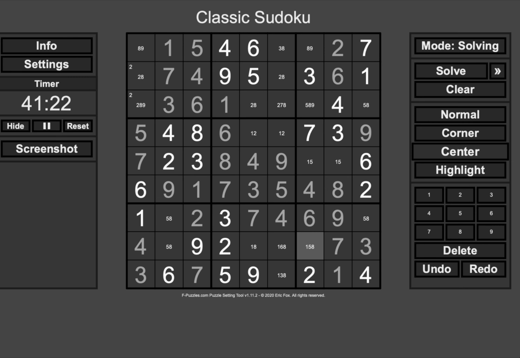See, that's not 9. See, this is some very different combinations of 1, 5, 6, and 8. Let's see. That's a 3, that's a 3. The only place for a 3 is here by Sudoku.